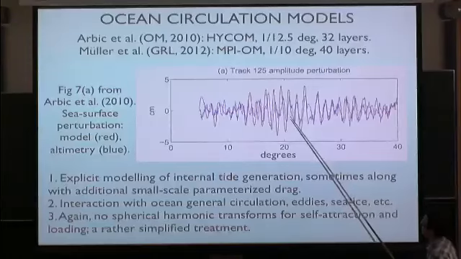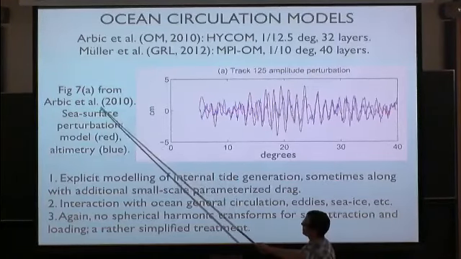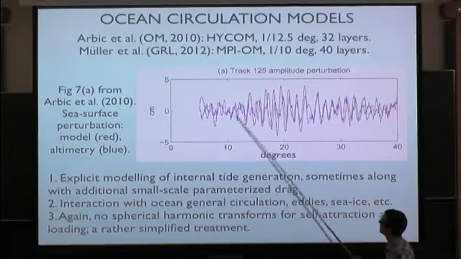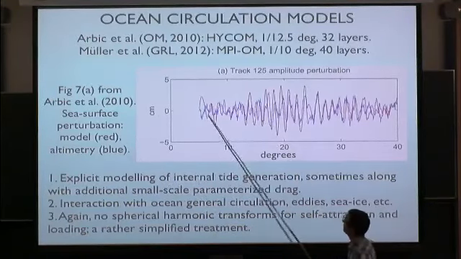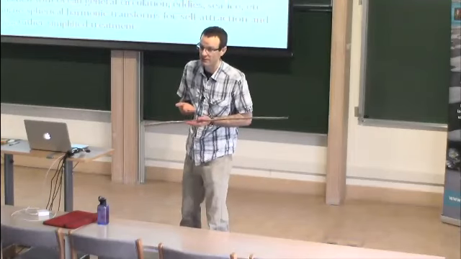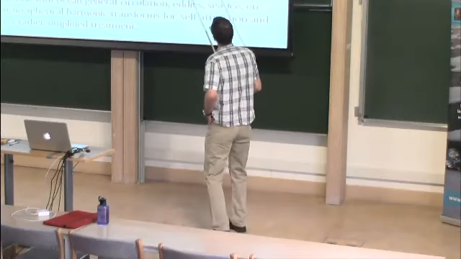So this is the kind of result you get out from these models. This is a figure from Brian Arbick's paper showing sea surface perturbation in red and some altimetry data in blue. This is the sea surface perturbation due to the internal tide, so this is a test of how good your internal tide dynamics are in such a model.